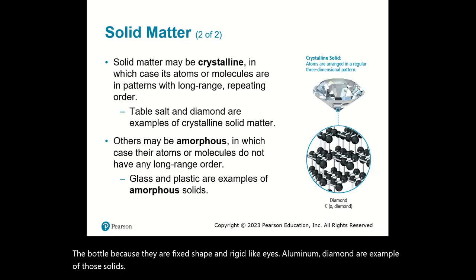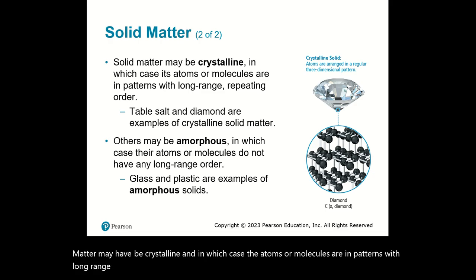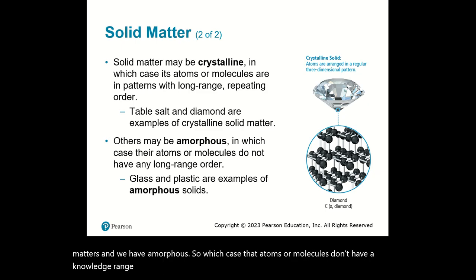Solid matter may be crystalline, in which case the atoms or molecules are in patterns with long-range repeating order, like table salt or diamond. And then we have amorphous solids, in which case the atoms or molecules don't have long-range order. So they are arranged in different ways.